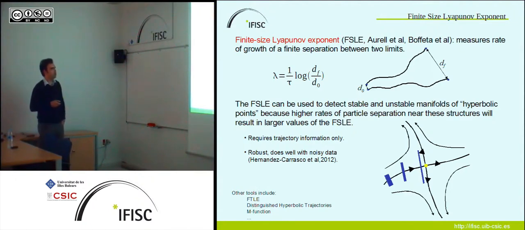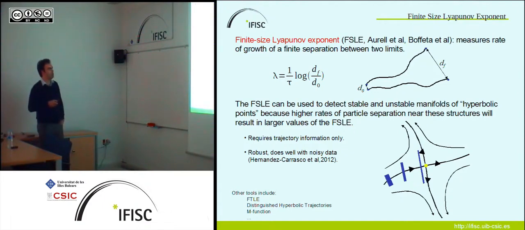So you can think of two particles initially located nearby that evolve in the fluid field, and after some time, they reach this separation. And then we calculate the finite-size Lyapunov exponent by calculating the time it takes for them to reach this separation. And then we use this formula here.